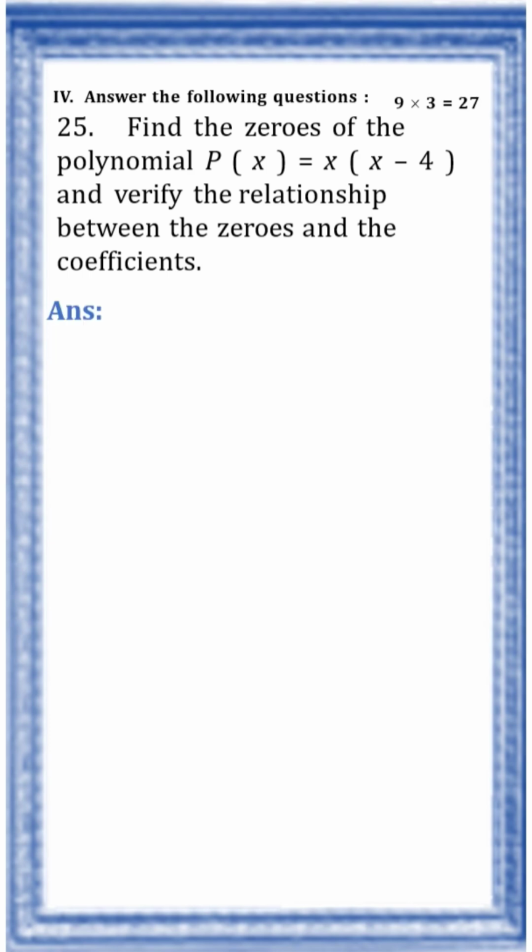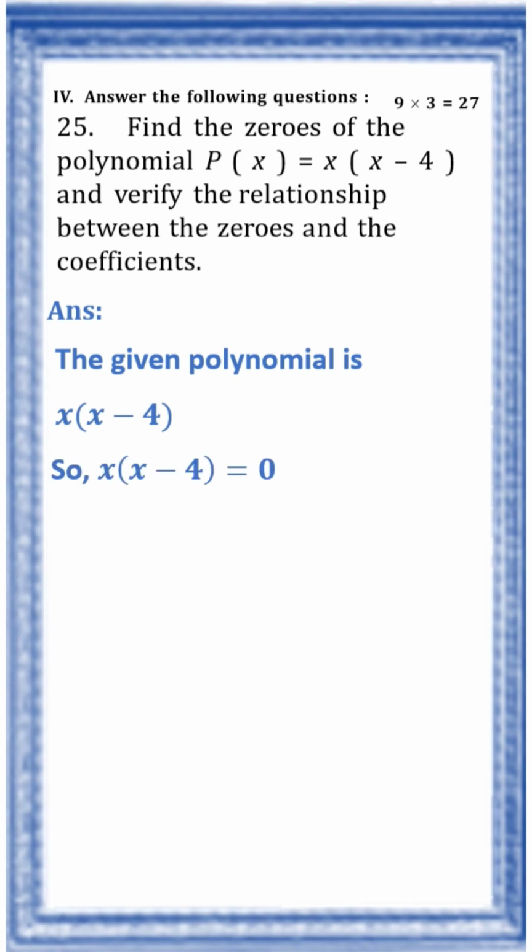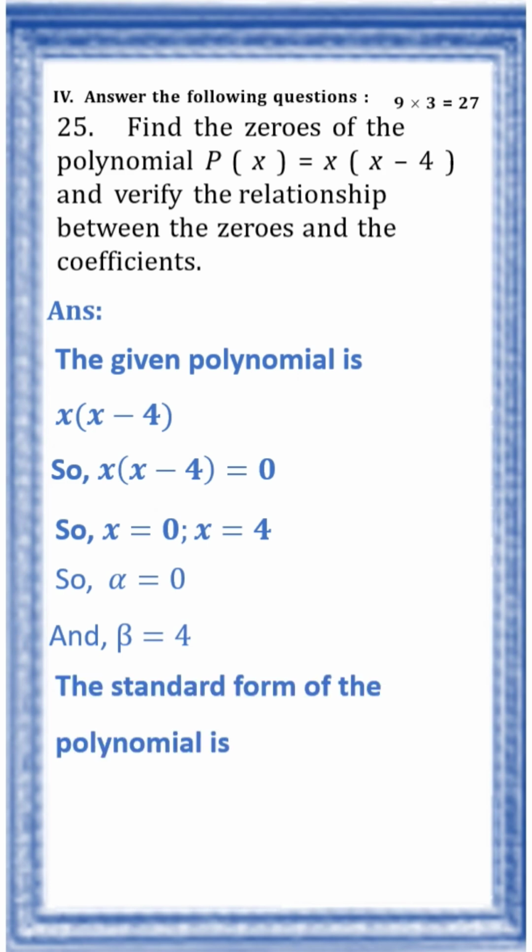Now let us solve the given polynomial x into x minus 4. So we have to find the zeros. Let us equate it to 0. Now x is equal to 0 and x is equal to 4. So one of the roots alpha is 0, another root beta is equal to 4.